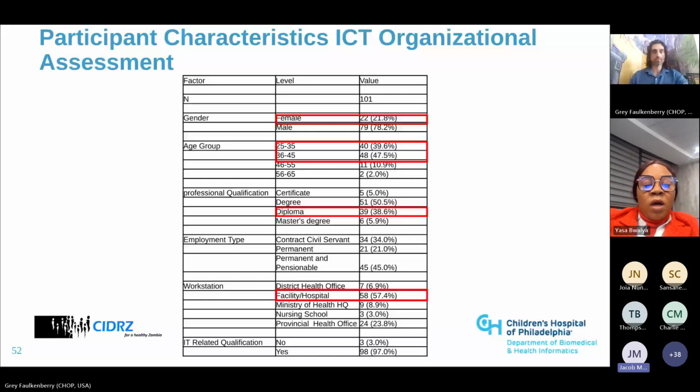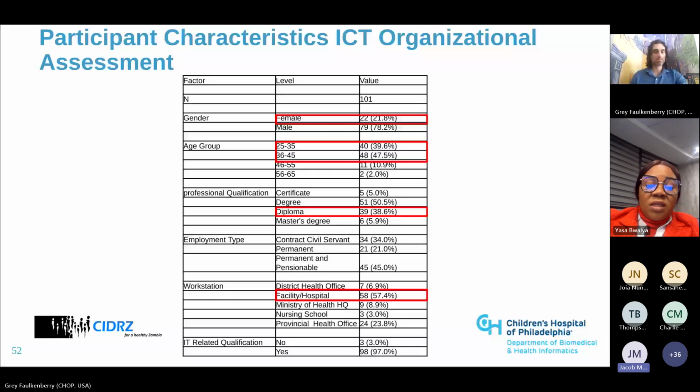A total of 101 ICT staff from the Ministry of Health Zambia participated in the assessments, comprising 79 males and 22 females. The majority of participants, accounting for 51%, hold undergraduate degrees, while those with advanced degrees such as masters constitute 6%.